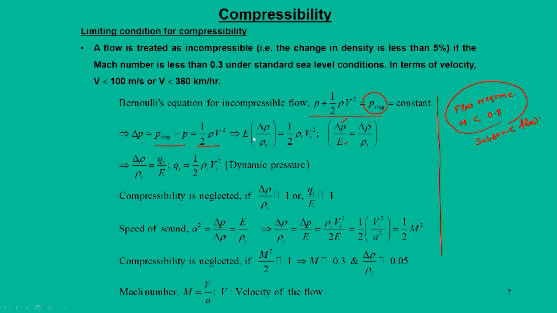From this, delta rho by rho is equal to q by E, where q is introduced as half rho V square, which we call the dynamic pressure. So compressibility effect is neglected when delta rho by rho is much less than 1, or delta q by q is much less than 1.